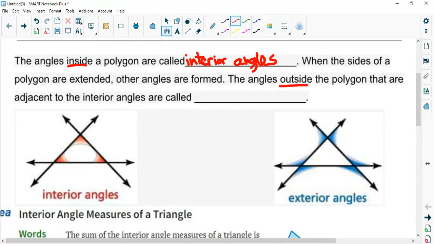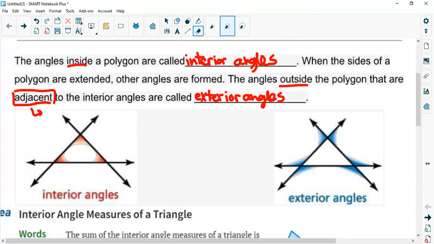The angles outside the polygon that are adjacent to the interior angles are called exterior angles. And to back up a second, the word adjacent is just going to mean for us that they are next to. They're connected to each other.